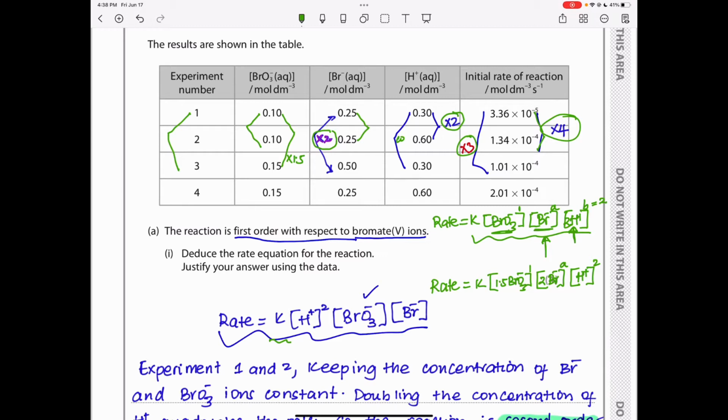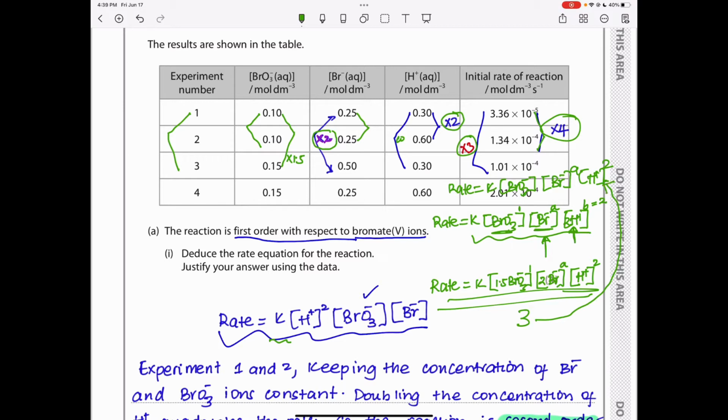I want to make sure: the original rate is equal to K times the concentration of bromate, times the concentration of bromide to the power A, times the concentration of acid to the power 2. Because they've told us that when I do that, this should be 3 times the original one.